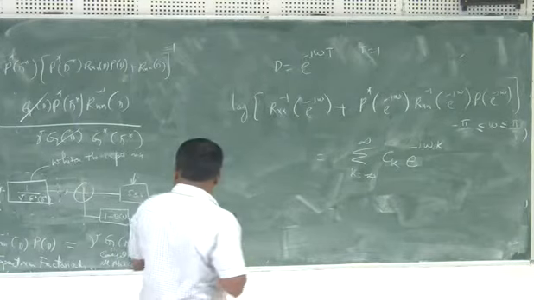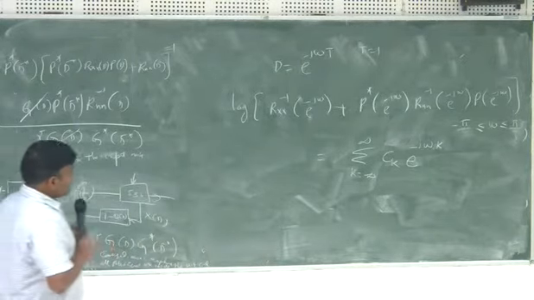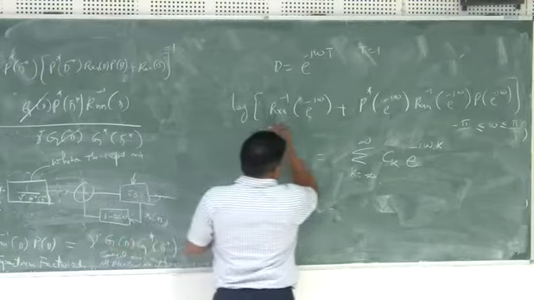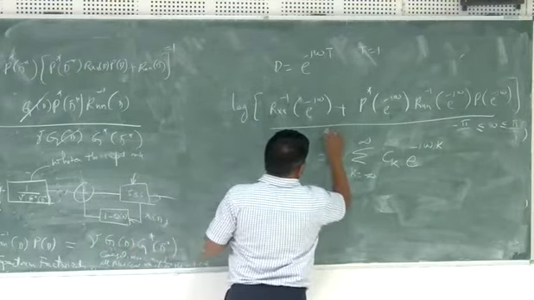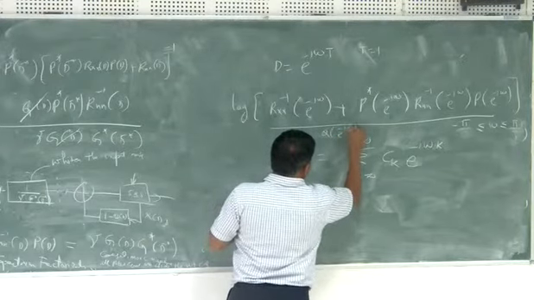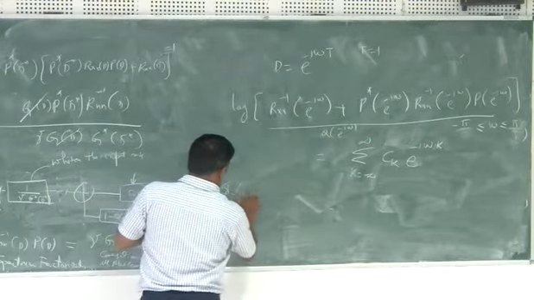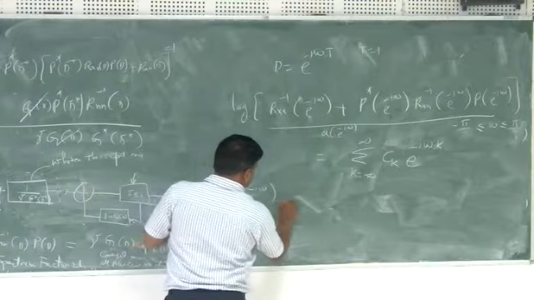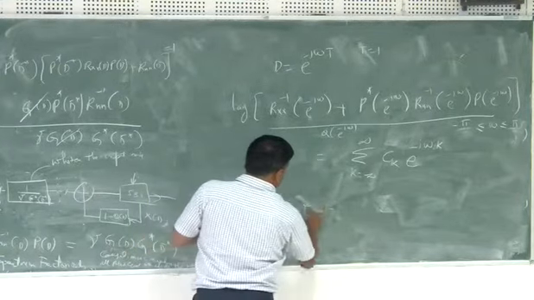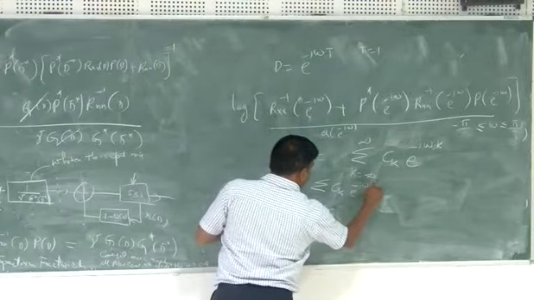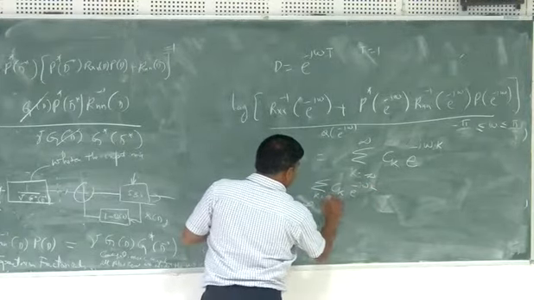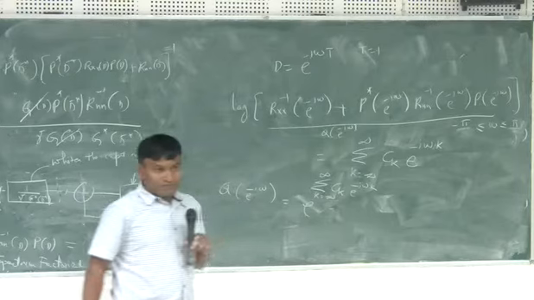Our job is to find this decomposition, right? So what we do is take this part and call it Q of e to the power of minus j omega. Q of e to the power of minus j omega is equal to e raised to the summation of ck e to the power of minus j omega k, k equal to minus infinity to plus infinity.